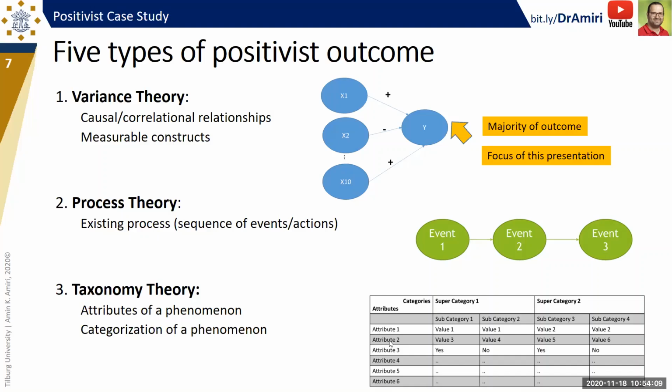These attributes later can be turned into these constructs, and you can find relationships between them. So variance theory cannot be easily done without having taxonomy theory. There must be a kind of paper that suggests these constructs, these attributes of things in the world.